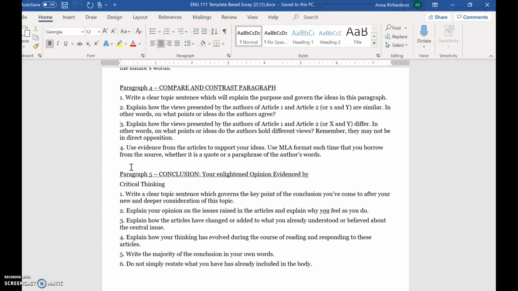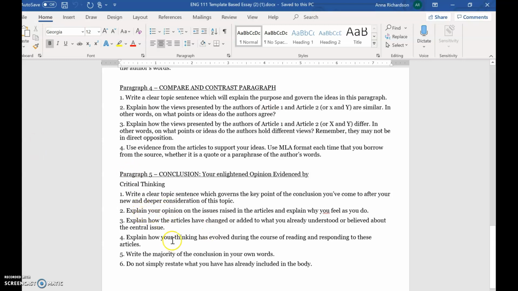Make sure that whatever opinion you give, that you have reason to have that opinion based on what you have read, okay? The most important part of this is that first sentence, your topic sentence. Okay, you want to make sure that you write a strong one.